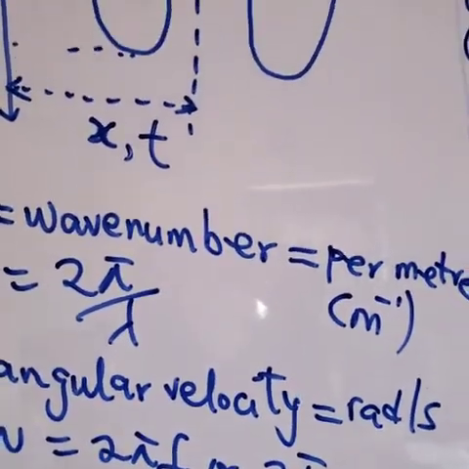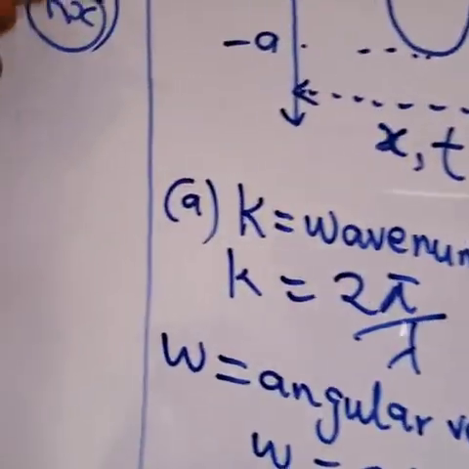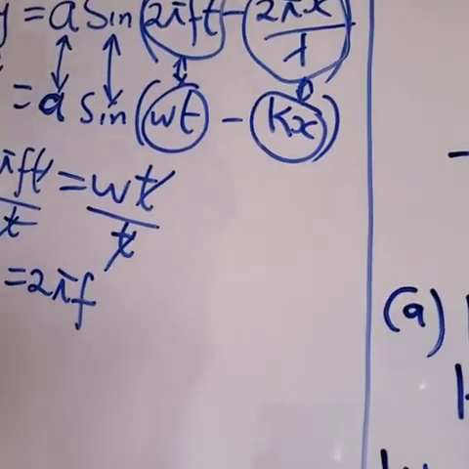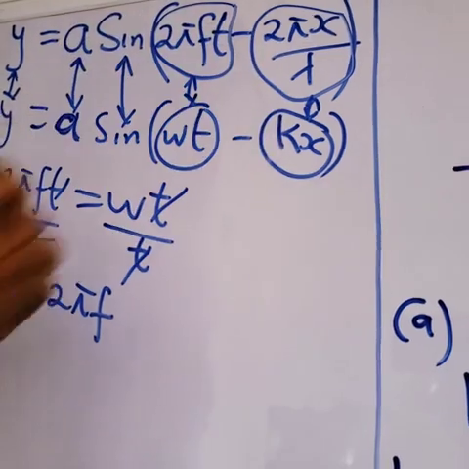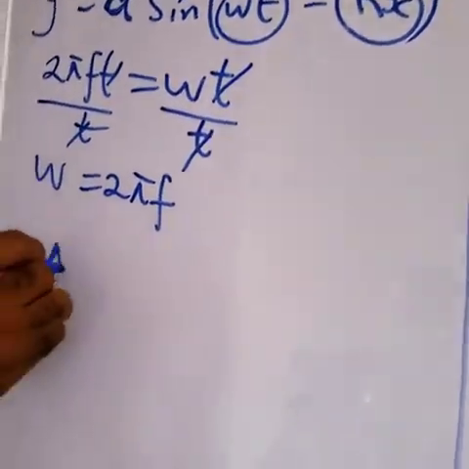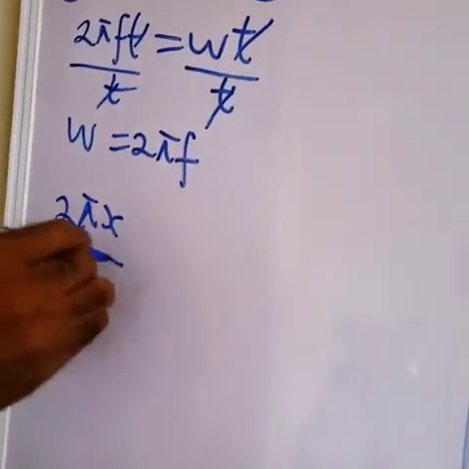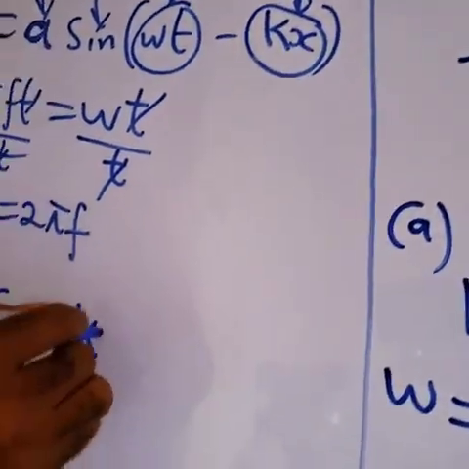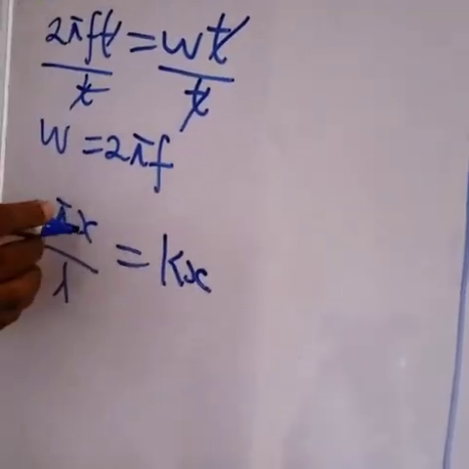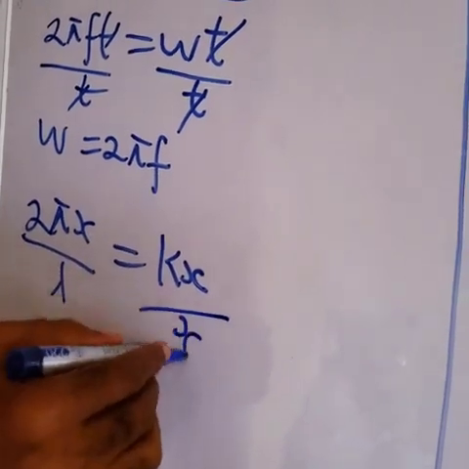Now, how do you get that expression for k? You know, from the original wave equation, you have 2 pi x over lambda. From the one given to you, it is given as kx. There's x here, there's x here. Divide both sides by x.